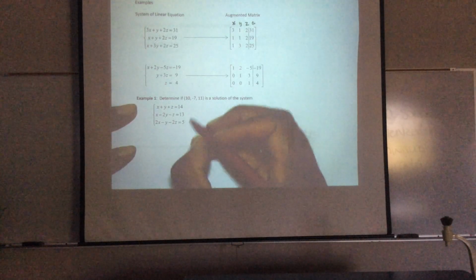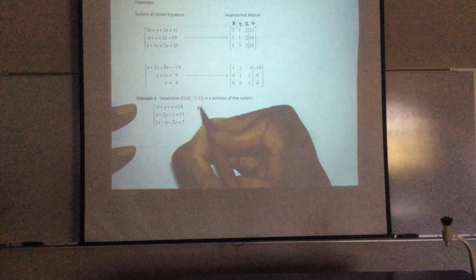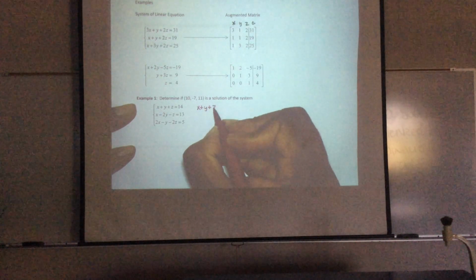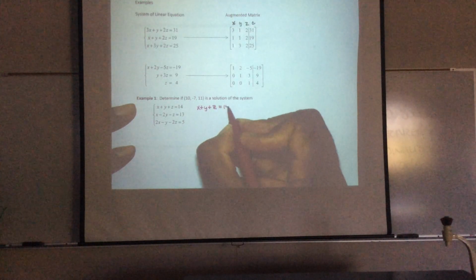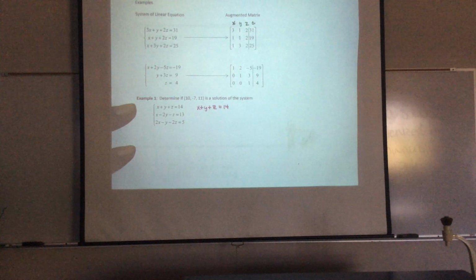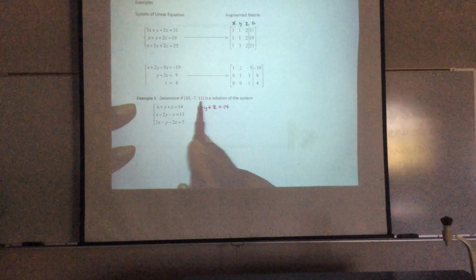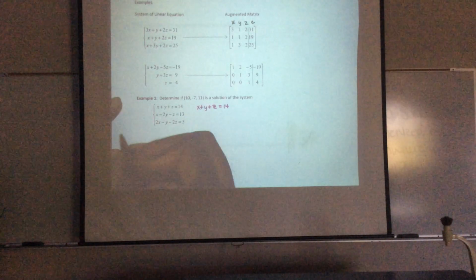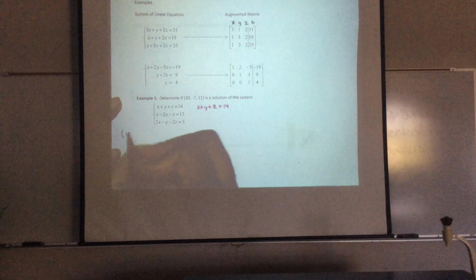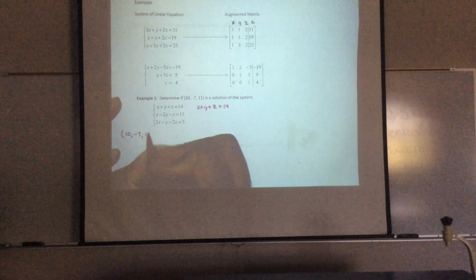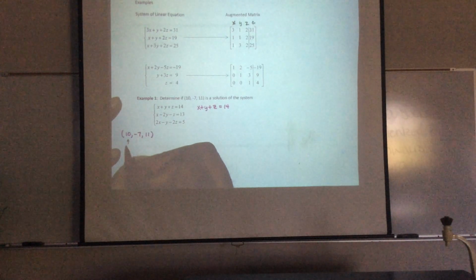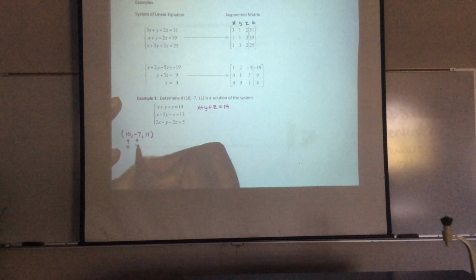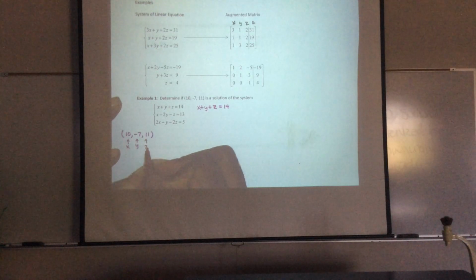We're going to start with x plus y plus z equal to 14. Here, this is an ordered triple, x, y, and z. I'm going to write this off to the side, which means your x is going to be 10, your y is negative 7, and z is 11.